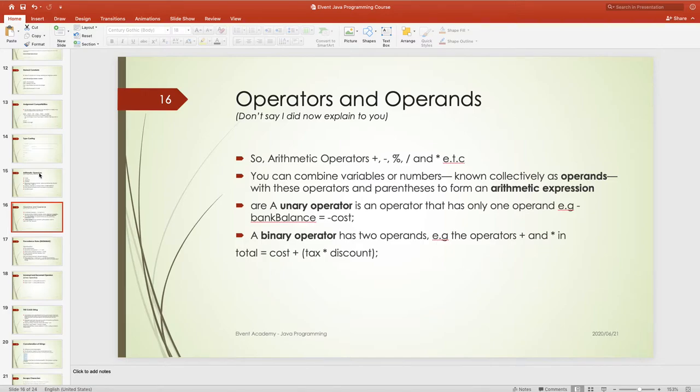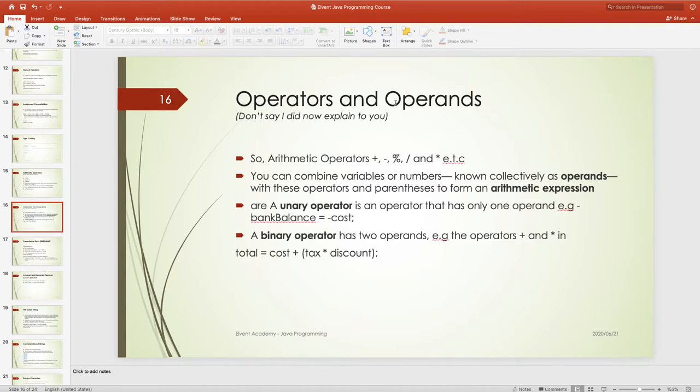Arithmetic operators are the ones that we just discussed: division, multiplication, modulus. There are many of them that you will come across, but remember, the purpose of this lecture is not to feed you with everything. It's to give you enough foundation so that you can be equipped enough to go and hunt for yourselves. Those are your operators.